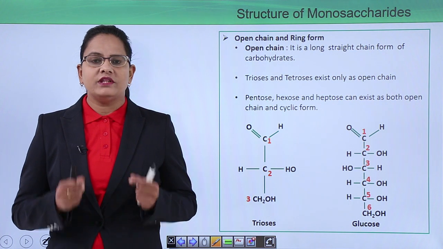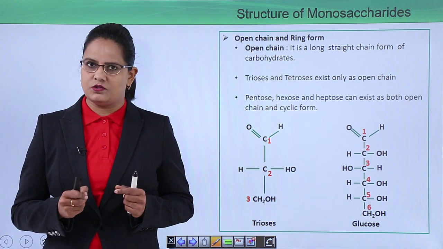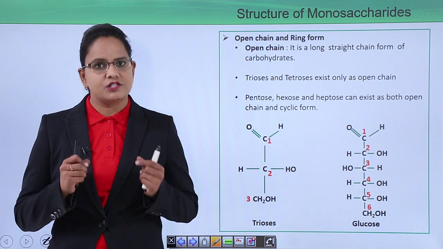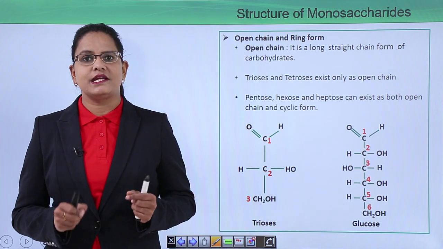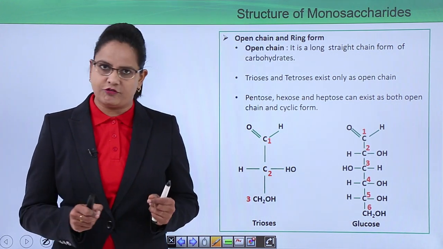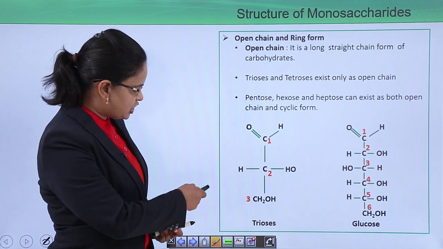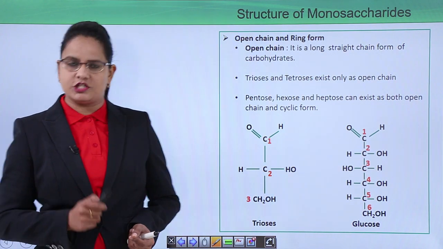So, we know that the monosaccharides are trioses, tetroses, pentoses, hexoses. The 4-carbon sugar and the 3-carbon sugar, that is the trioses and the tetroses, they always exist in open chain, that is in straight form. As you can see in the figure, this is a straight chain of trioses which has aldehydic group at the first position.